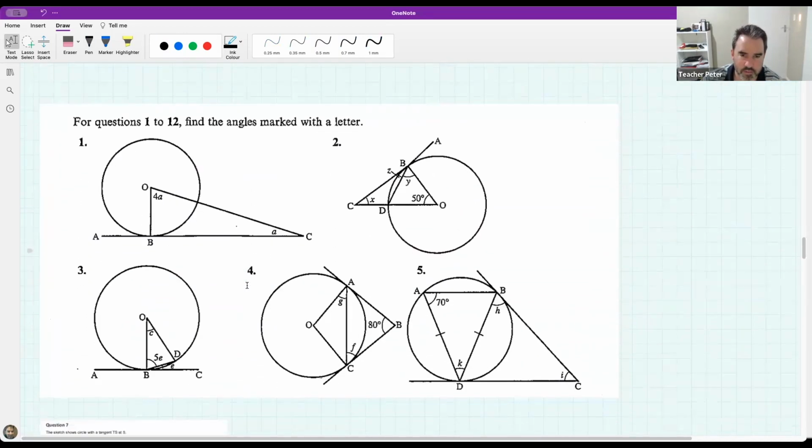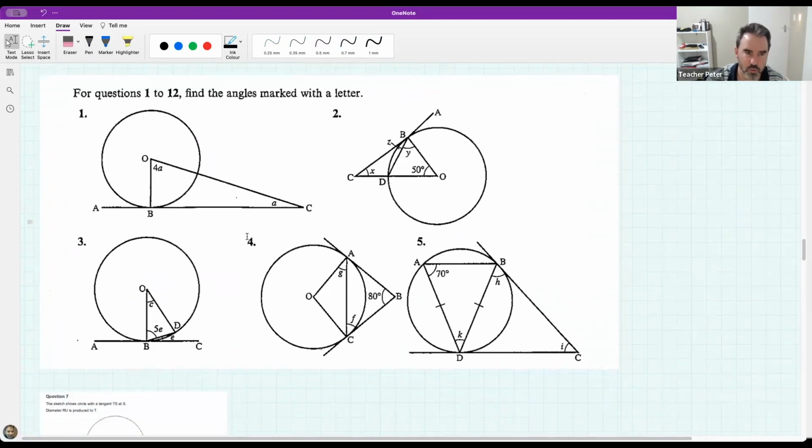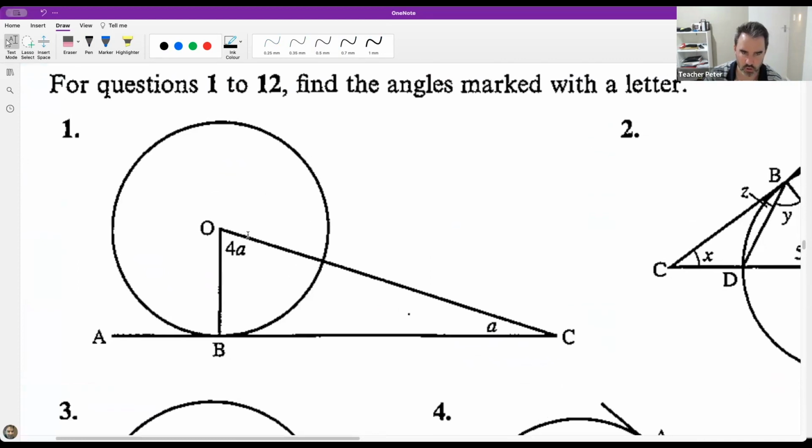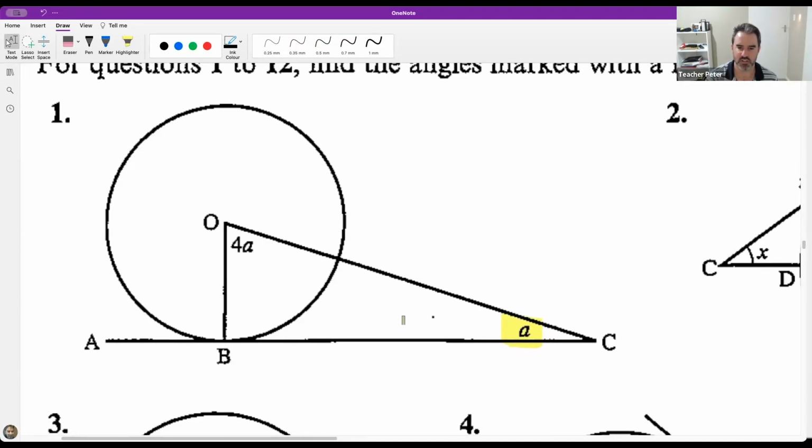All right. Let's do this first one over here, number 1. I want to know what is the value of angle A. You are given a tangent ABC. I want to know what is the value of A. What is the value of A going to be?